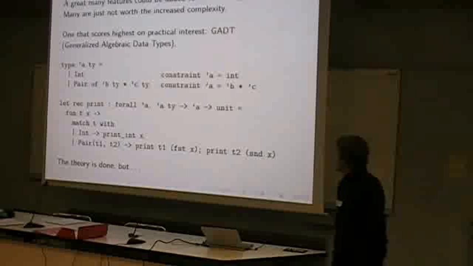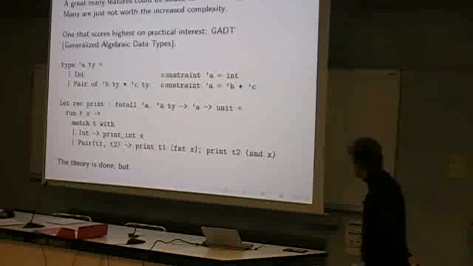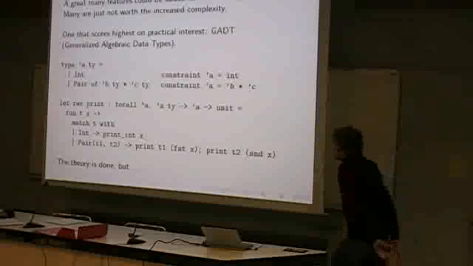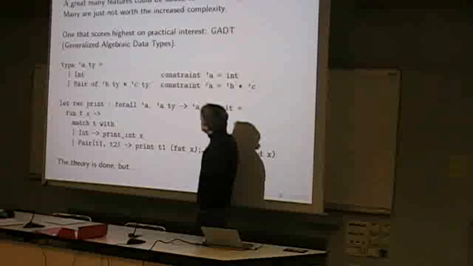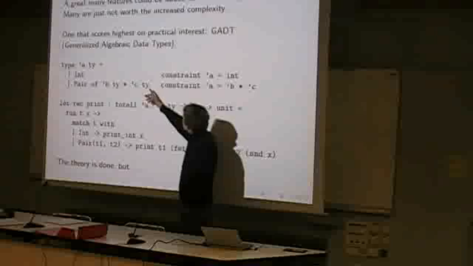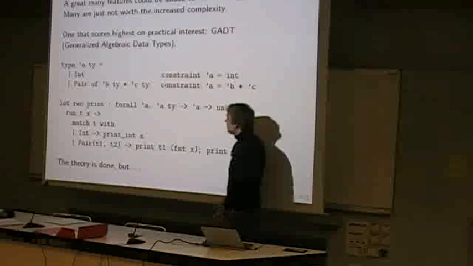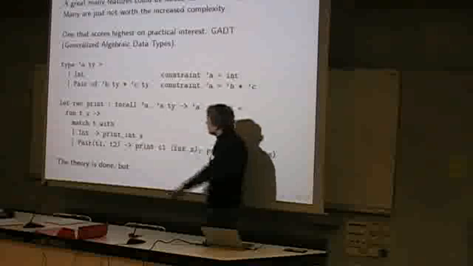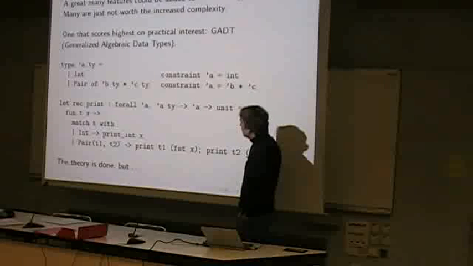So I just mention one, GADT, generalized algebraic data types. That's a small extension to the existing Caml data type mechanism, where basically you can add additional equations between types that are valid for some of the constructors. I don't know if I have time to go through this example.